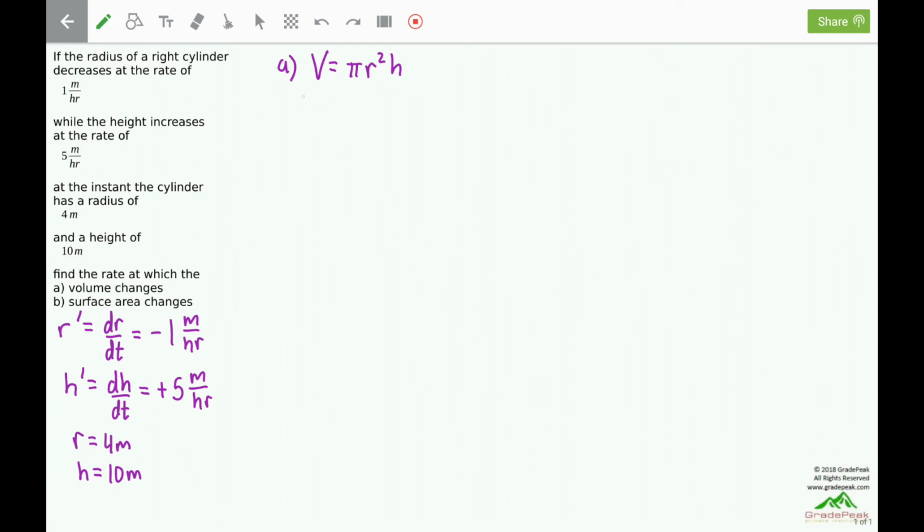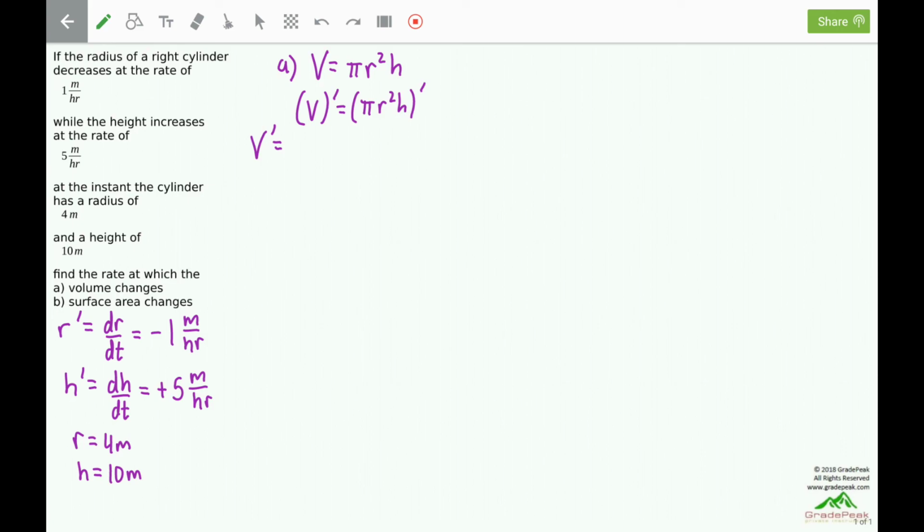We're now going to take the time derivative of both sides to produce the related rates equation. The time derivative is indicated by the prime on both sides. Every variable is implicit with time. Every variable will have a prime in its derivative. On the left side, the derivative of V will be 1 times V prime. On the right, we have a product of two variables, r squared times h.